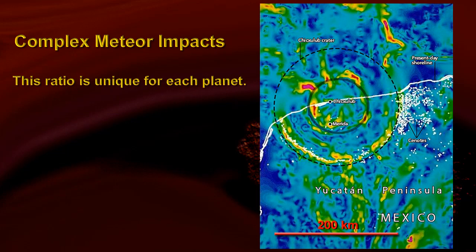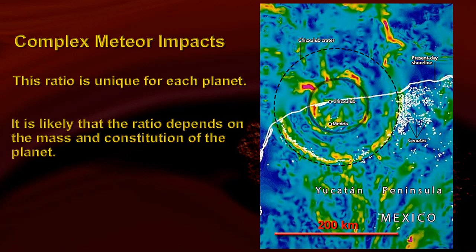This ratio is unique for each planet, so that the ratio for the Earth would be different than that for the Moon. It is likely that the ratio depends on the mass and the constitution of the planet.